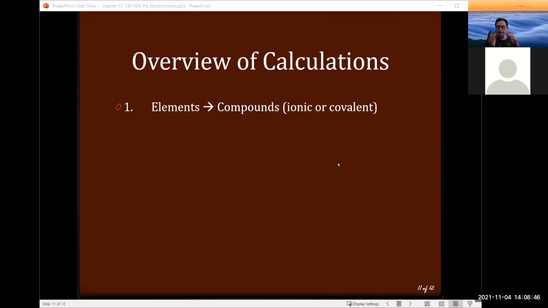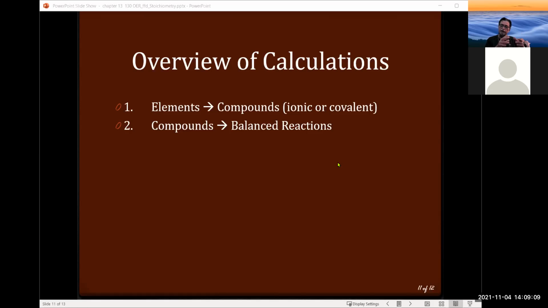And a lot of times it's a simple 1-to-1, sometimes it's 2-to-3, sometimes 1-to-3, depending. But we added enough of each so they cancel out to make ionic compounds. Okay, we talked about writing covalent compounds. So from the elements, we created compounds.